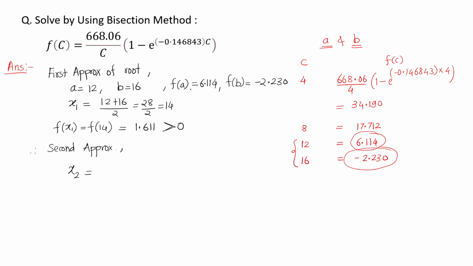so by taking the second approximation, we have to take the value between a and b such that the function value is negative. At b the function value is negative, so the second approximation will be b plus x1 divided by 2, which is equal to, b is equal to 16, x1 is equal to 14, divided by 2, is equal to 15.